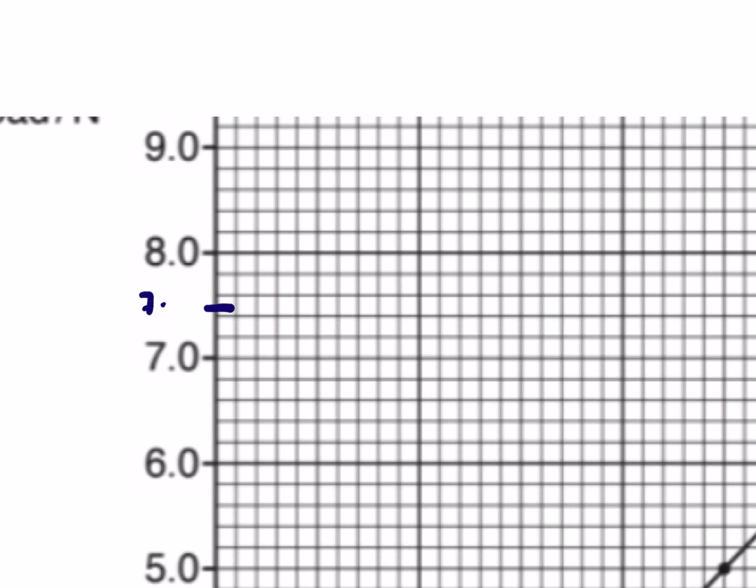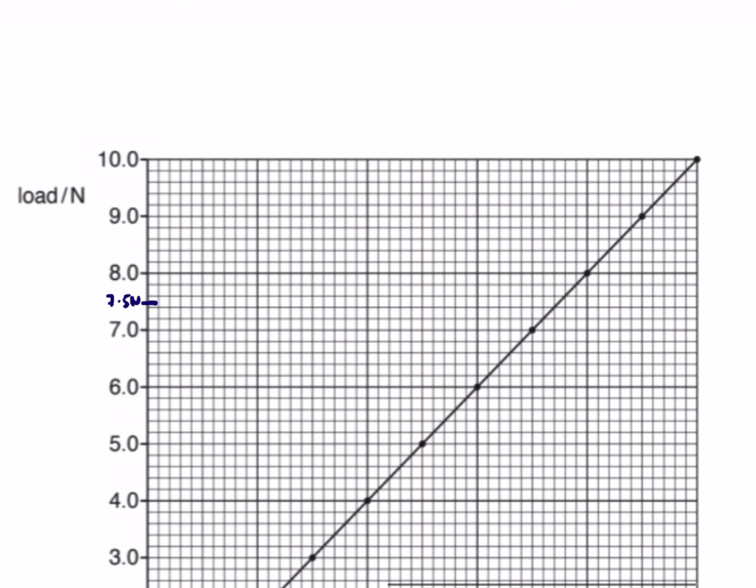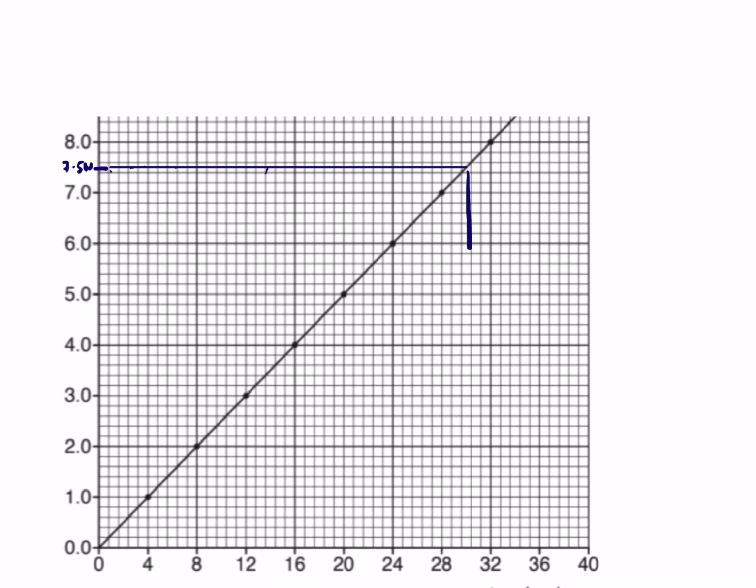That is 7.5 Newton. Then we could trace it on the graph, like so.